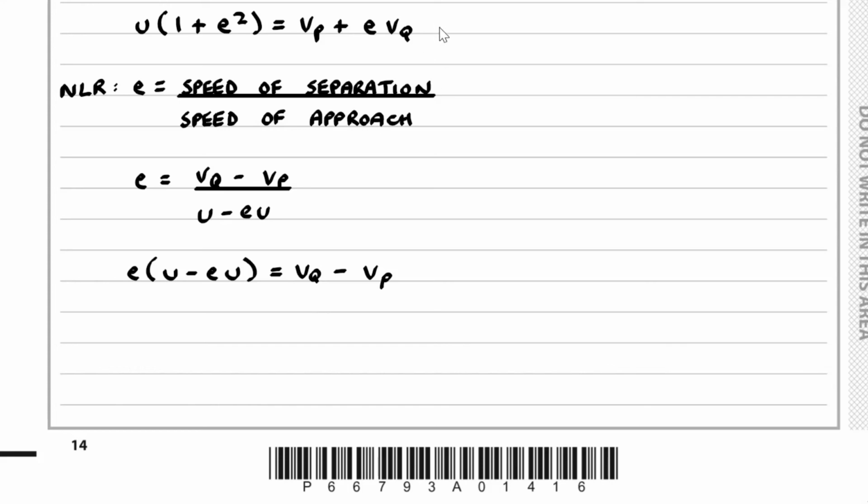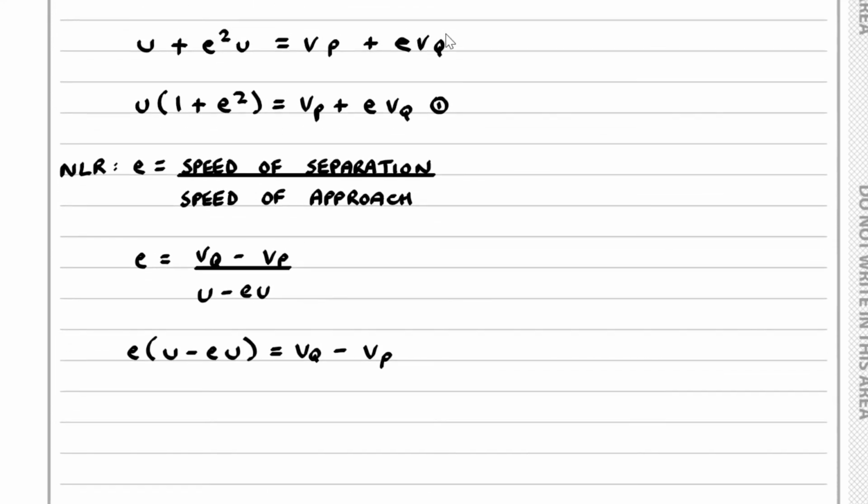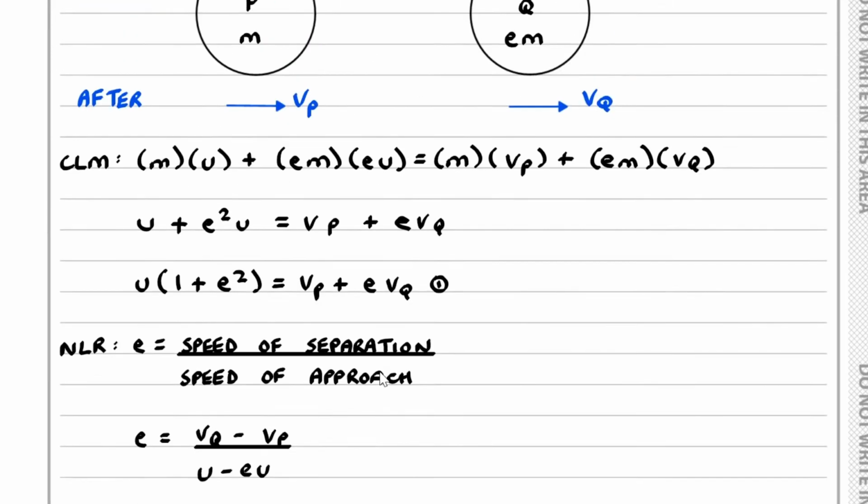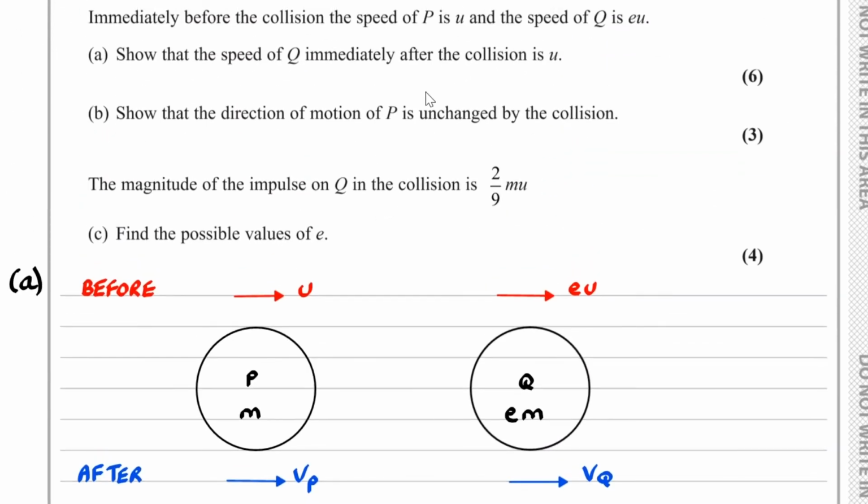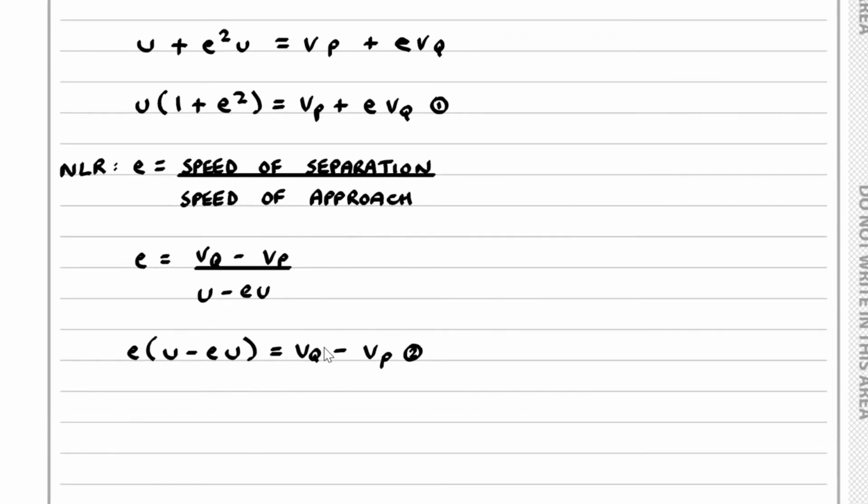Now if I call this equation 1 and this equation 2, I can find out what vq is. Now what do we need to do in this question? We need to show that the speed of q, which is vq, immediately after the collision is u. So I need to eliminate the vp's, and I can do that by adding equation 1 and equation 2. The reason for that, the vp's will cancel out.